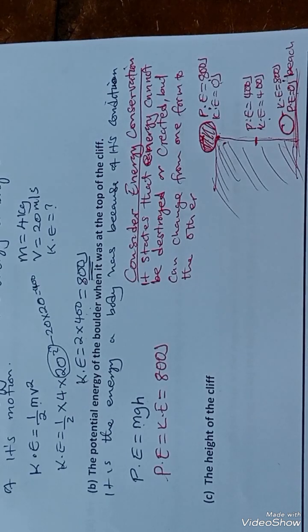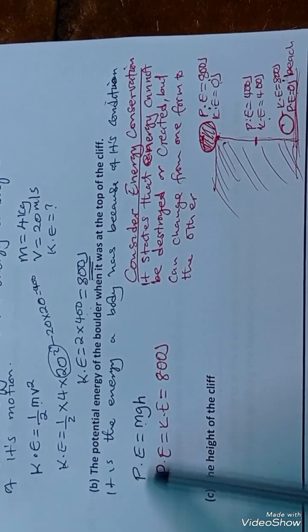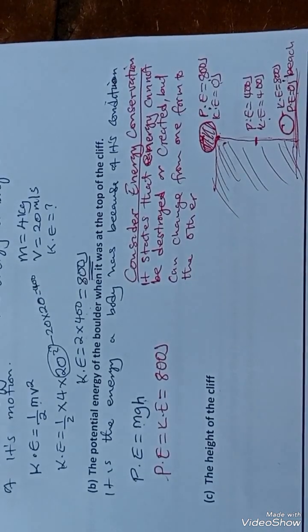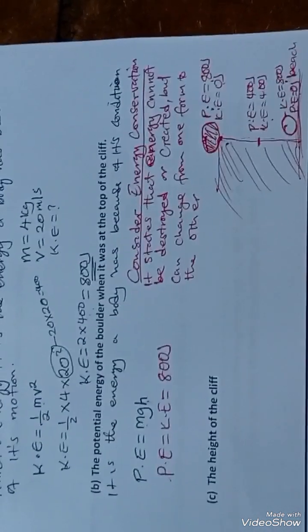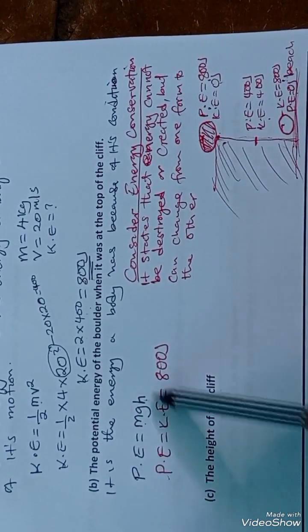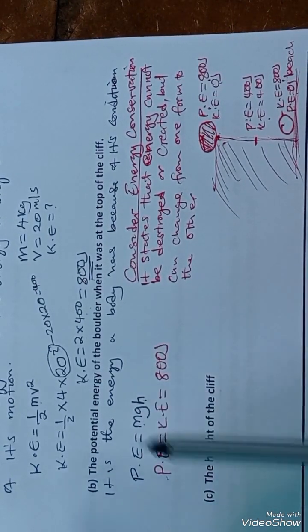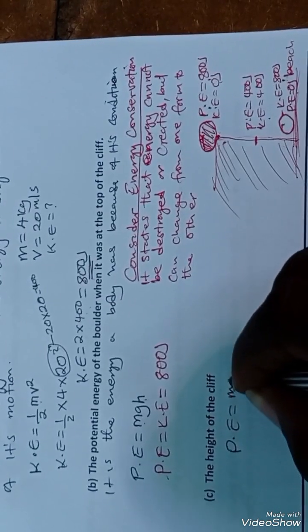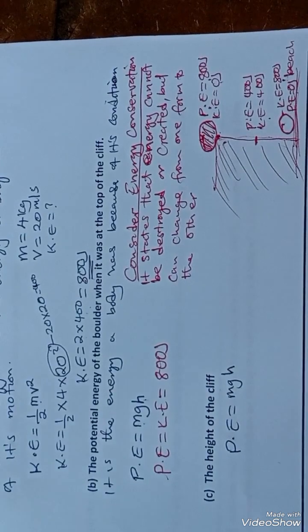C, find the height of the cliff. For us to find the height of the cliff, we are going to use the formula for potential energy, that's where we have height. Potential energy is equal to mass times gravity times height.